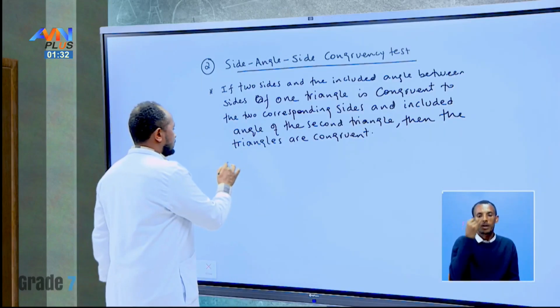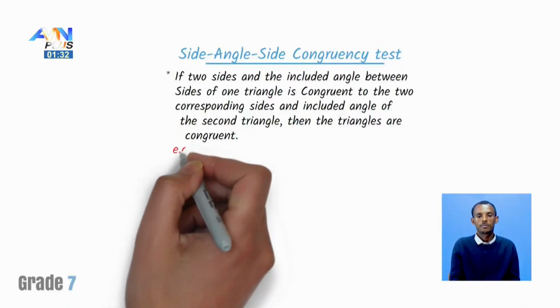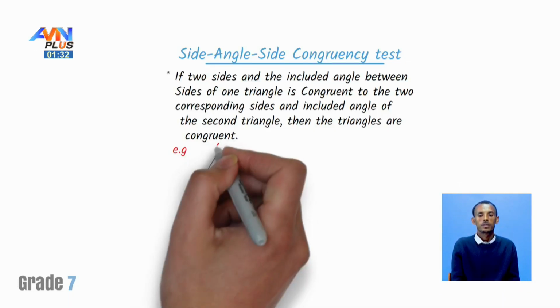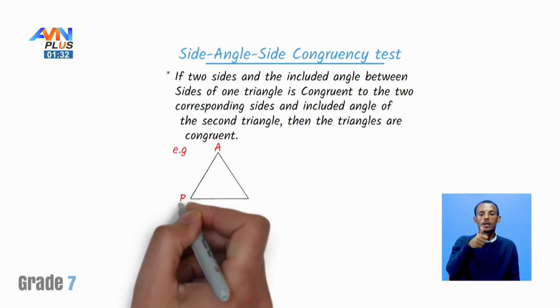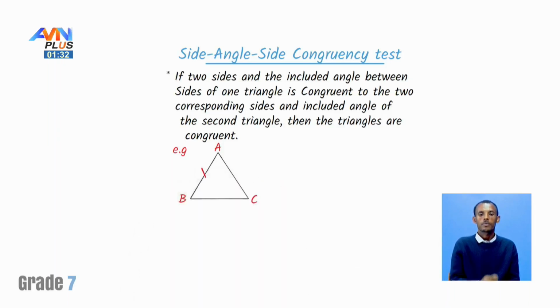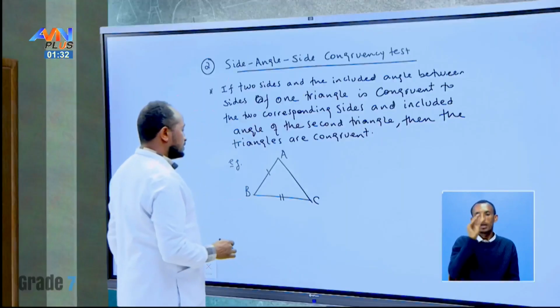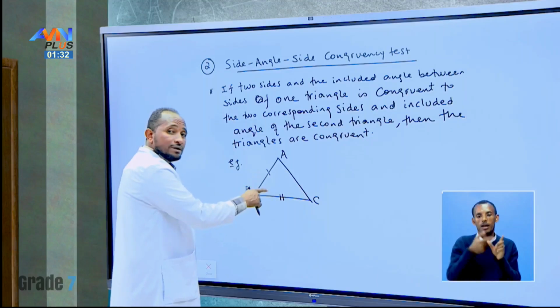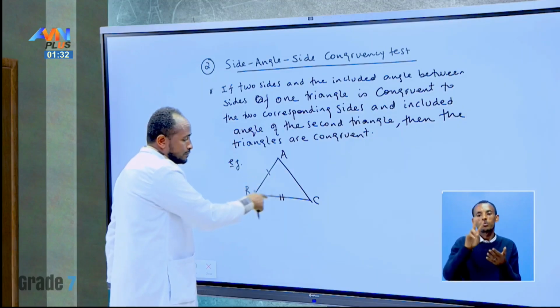If you have this triangle ABC, and the two sides, this side and this side are given, the included angle between these two sides is this one.